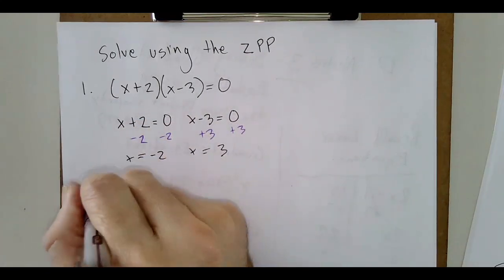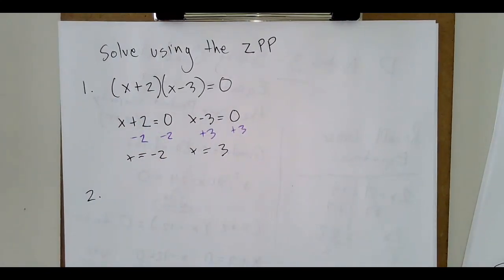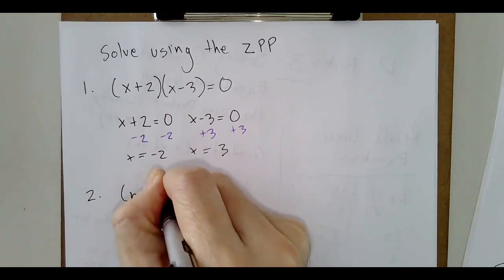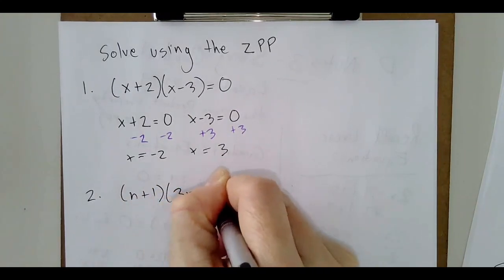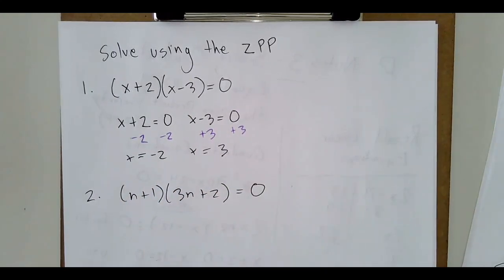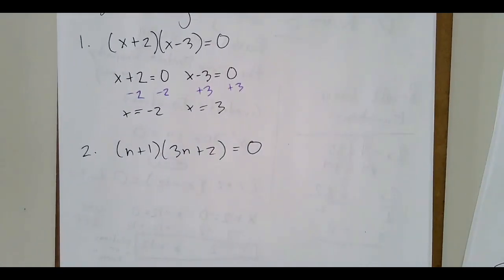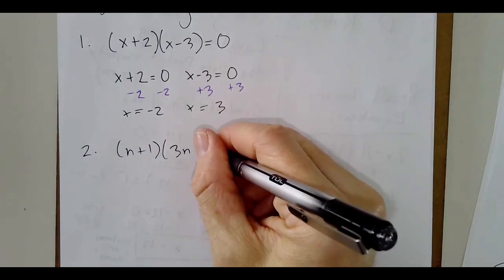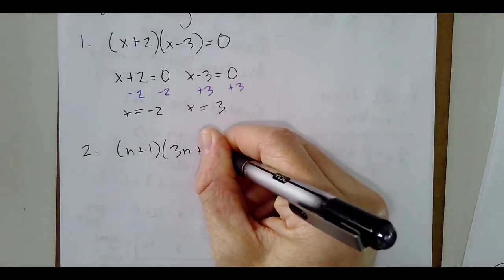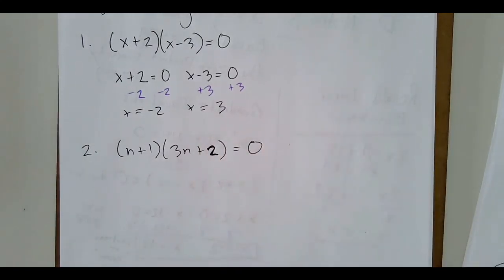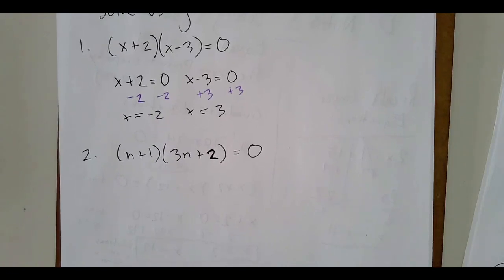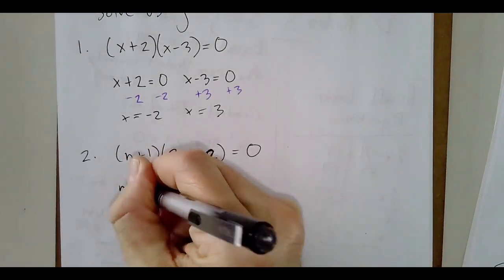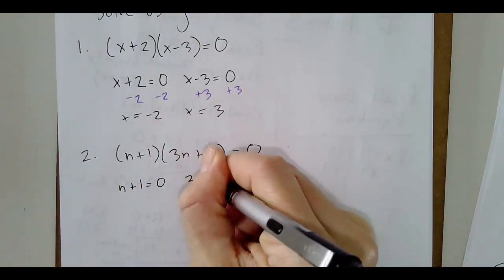Now we also have questions that look somewhat like this, which look a little different. That's a 2, by the way. So what you do is exactly what I just did in the last one. You set this one equal to 0, and you set this one equal to 0.